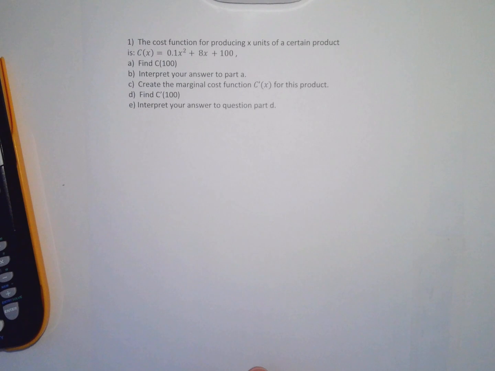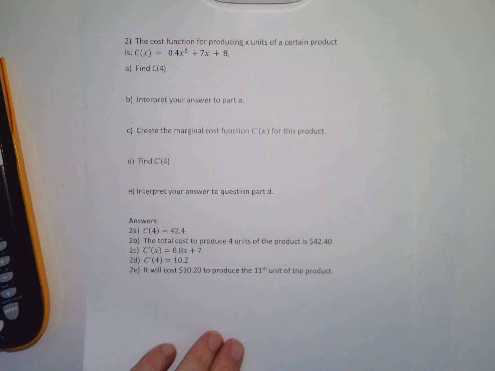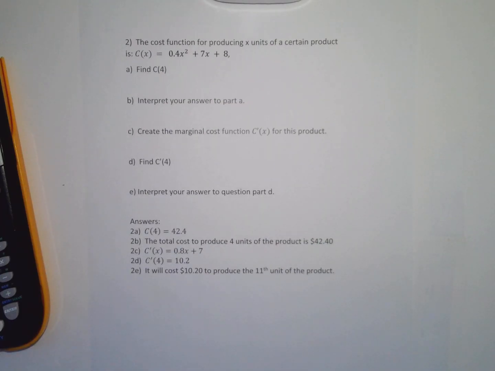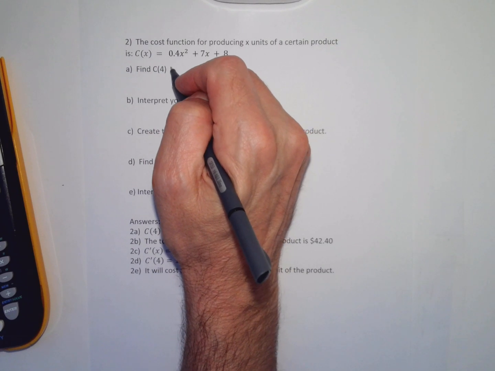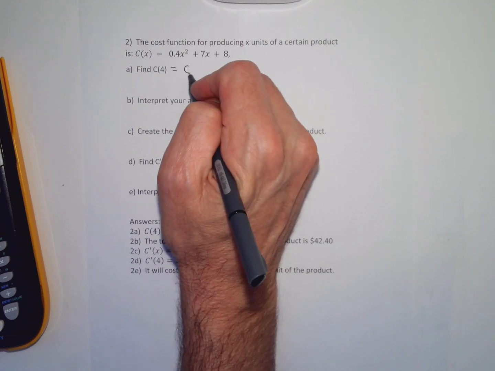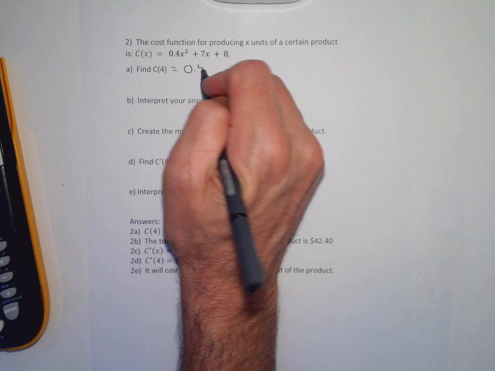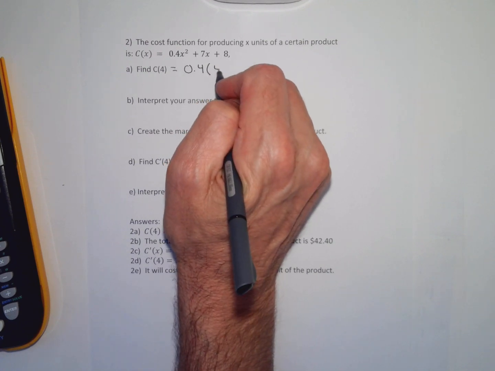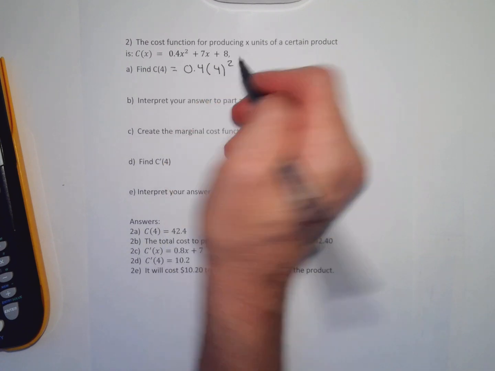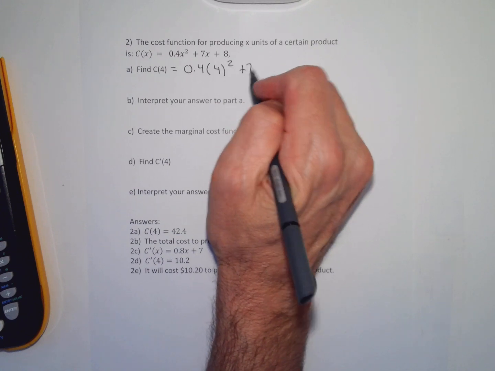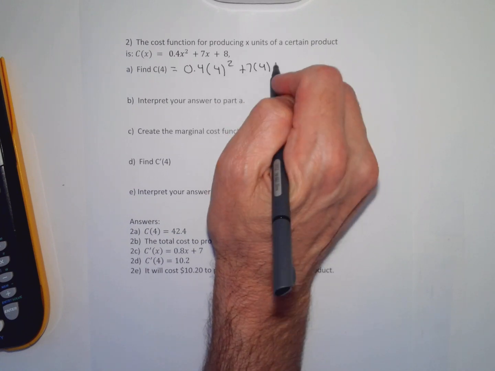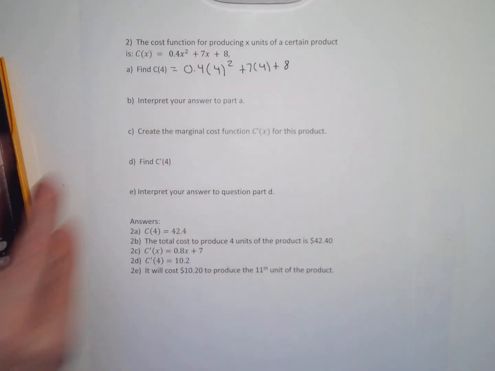They're very similar problems. So in problem 2, I give you a cost function for producing X units of a generic product. Part A just wants me to find C of 4, the cost function evaluated at 4. So I'm going to go 0.4 times 4 squared plus 7 times 4 plus 8, plugging in 4 for x in the cost function.